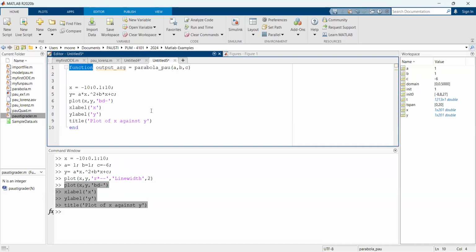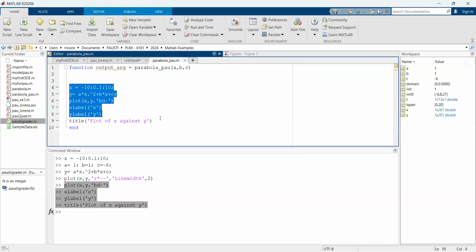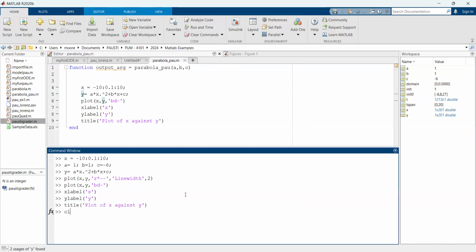And an end, right? So now if you save, the function name is what is saved here, as you can see, parabola pow. So if you save it, let me do some just for easy understanding. So now this is the function we have.